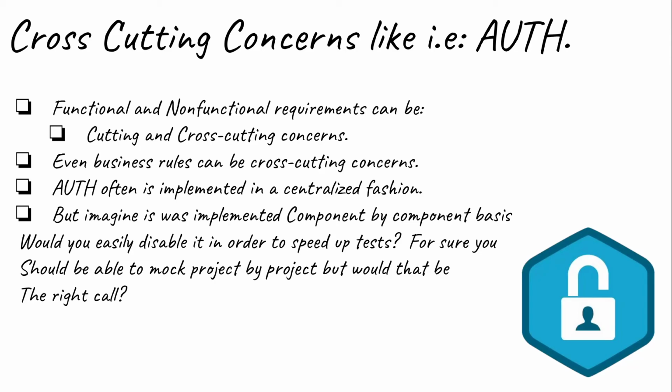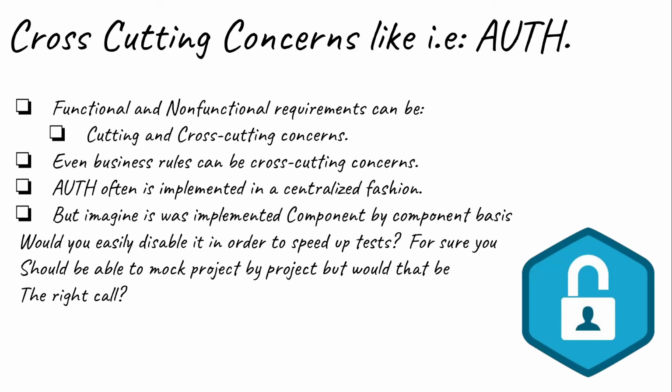Often what people do is they have a proxy, and based on the URL or a missing token, they redirect to that service, the login happens, then you get the token, and then the other services, as long as the token is there, don't need to do anything. So it's completely transparent, easy to test in isolation and easy to disable in a service. You just provide a special header or a special token, and then you can easily move on, right?